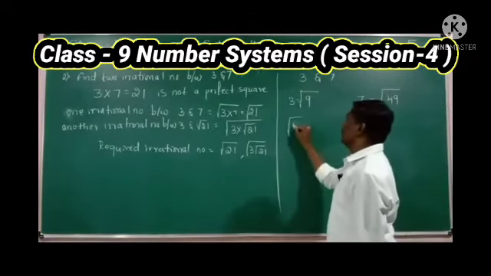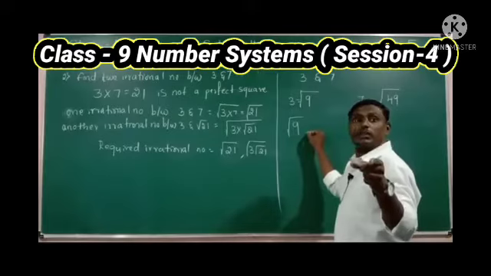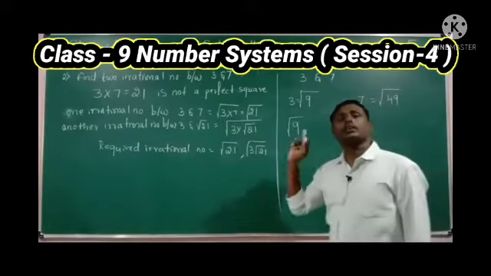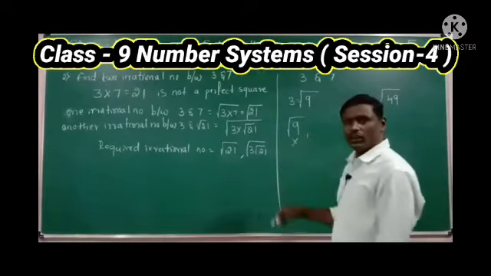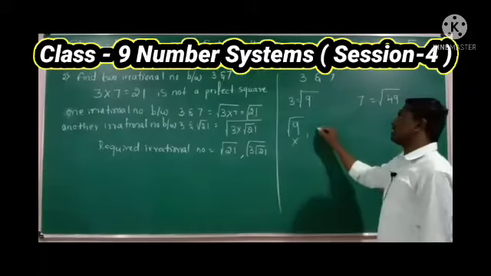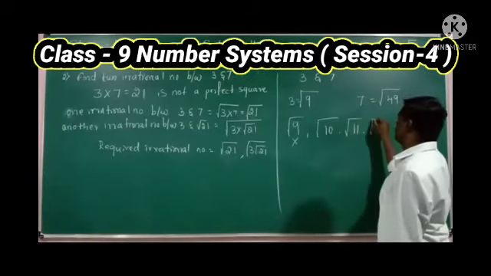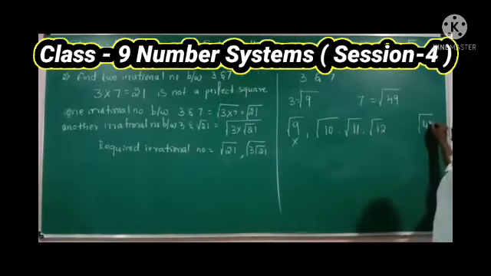So root 9. Is root 9 an irrational number? No, because it is a perfect square number. We are not considering the 9. Next, write the next numbers: 10, 11, 12. We can write up to 49.